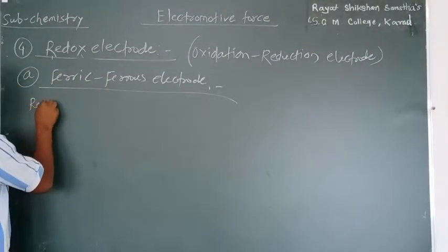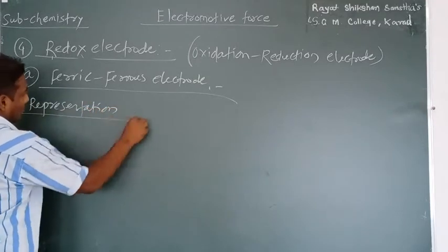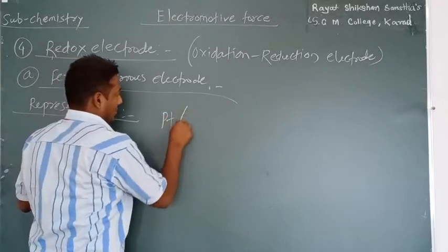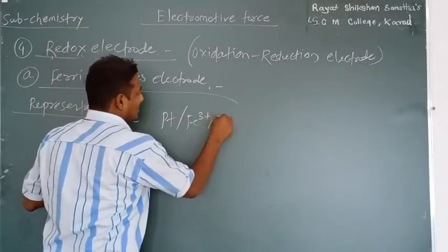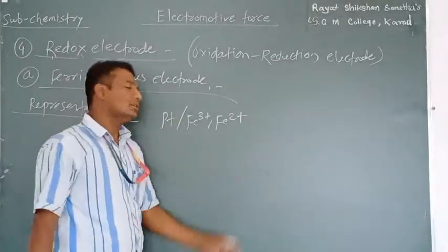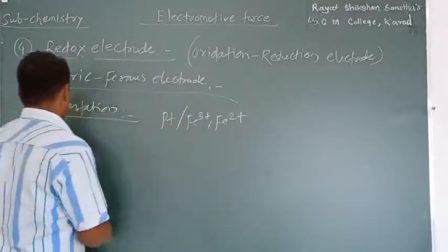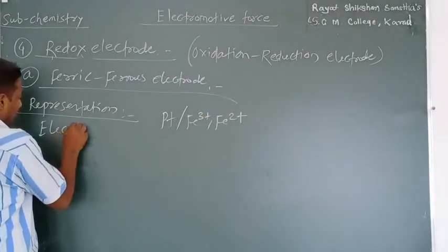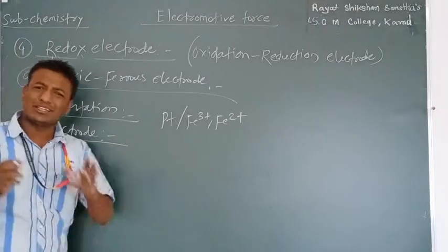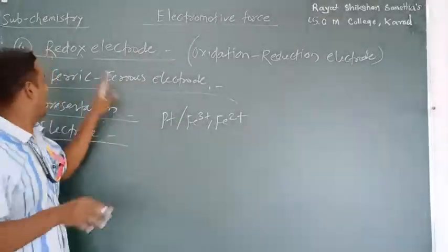First, the representation: platinum, then single vertical line, Fe3+, Fe2+. Very simple representation. No need to write down the construction because we saw it earlier in the introductory part of this electrode.